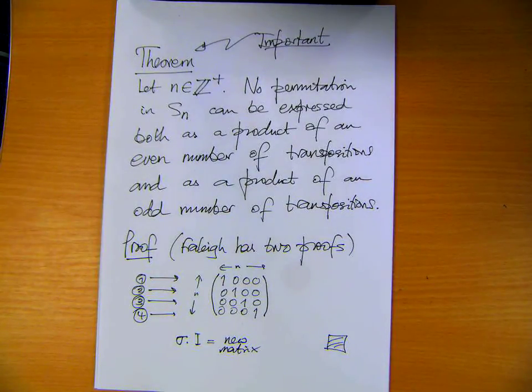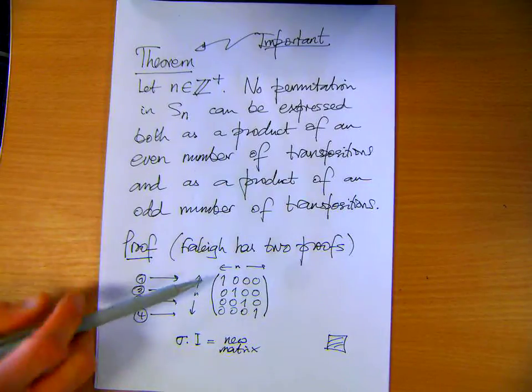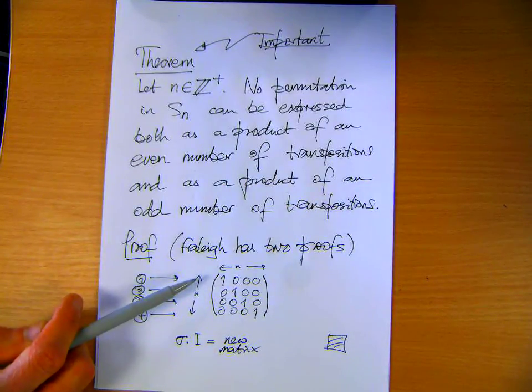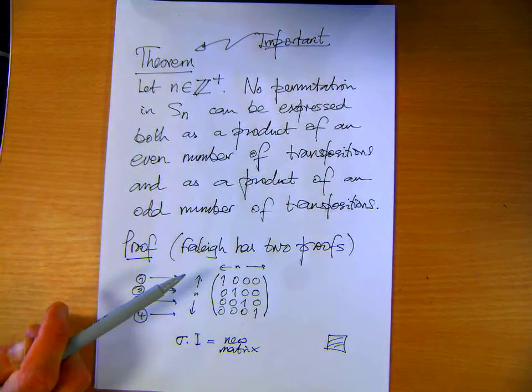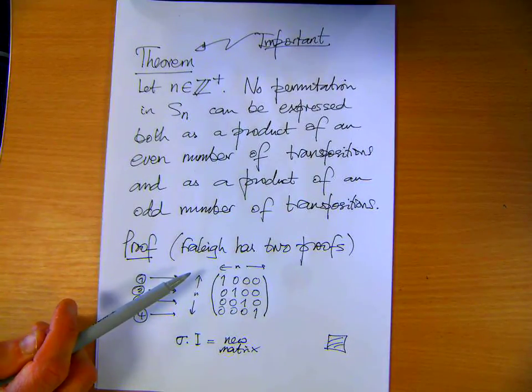If you swap 2 rows of a matrix, its determinant gets multiplied by -1. Does that sound familiar? You should have seen that before. If you swap 2 rows of any square matrix, the determinant gets multiplied by -1. So every time you do one of these transpositions, you get a -1 coming into the determinant.